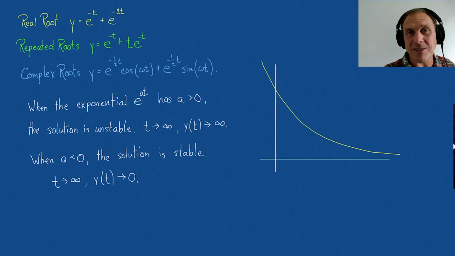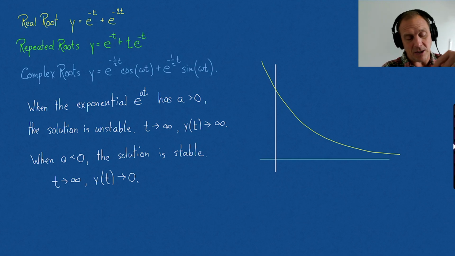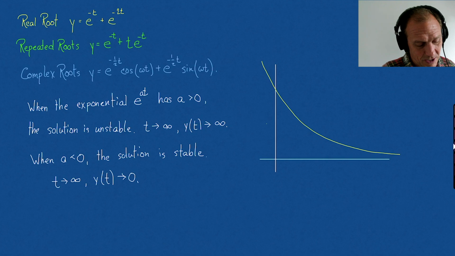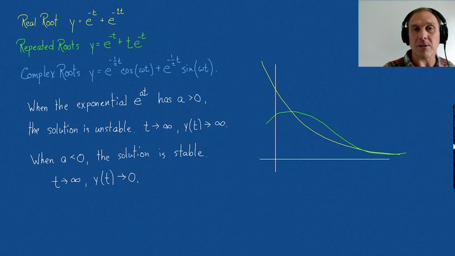The second term is t times e to the minus t. So even though t is growing as time goes on, e to the minus t will bring that t value back down. At first the t gives it a boost, but then as time passes, the exponential overpowers it, and it too will tend towards zero.